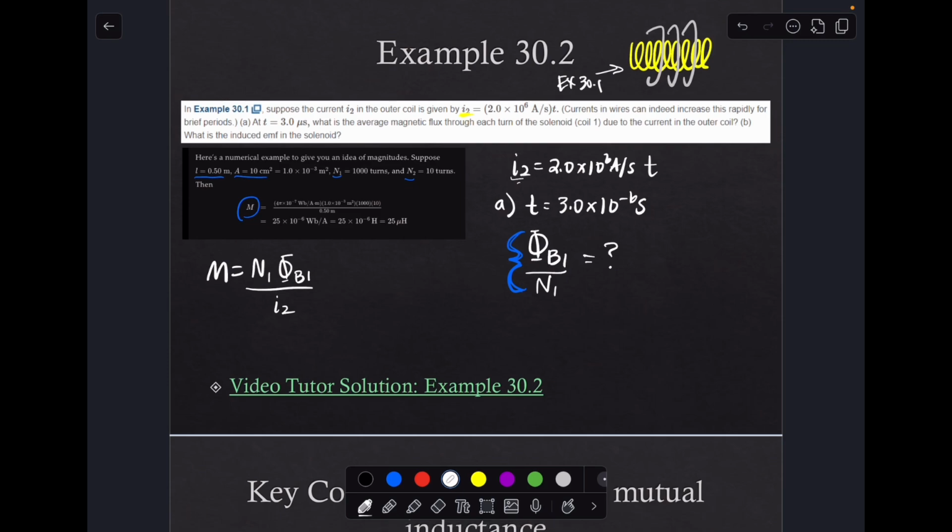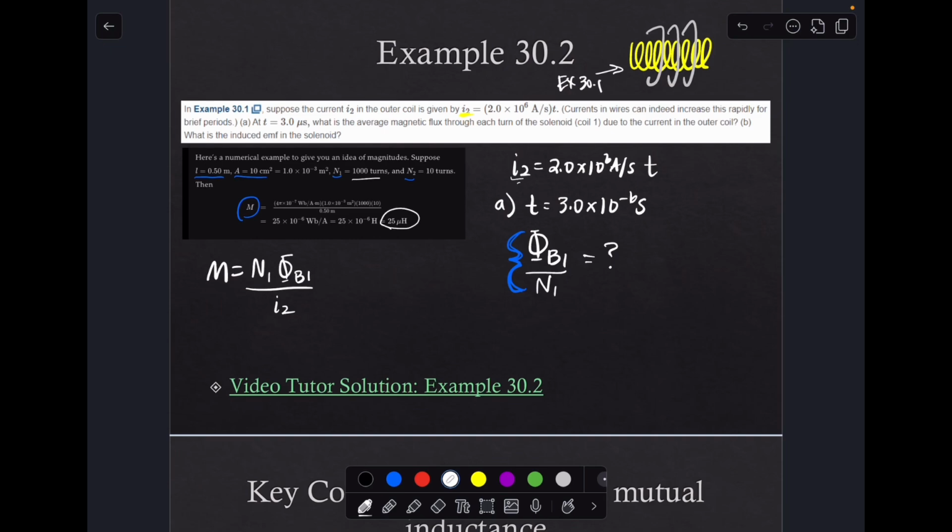And M, if we plug in all those values it gave us, we see that M is 25 microhenries. N1 is 1,000 turns. And we're given I2. So what we need to find is N1 phi B1.